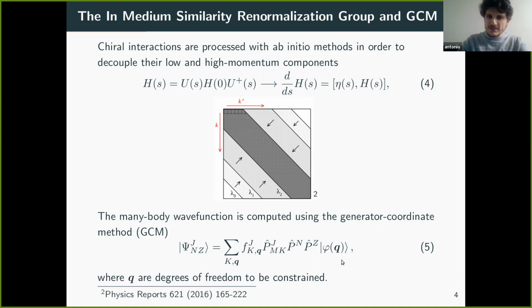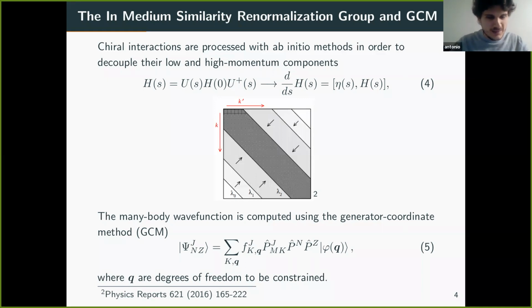Using these natural states, we can then diagonalize the Hamiltonian in this basis, and then we obtain the energy of this ground state, the ground state of the total nucleus. But these natural states can not only be used to obtain the energy; if you also use them with the double beta decay operator, you obtain the nuclear matrix elements.